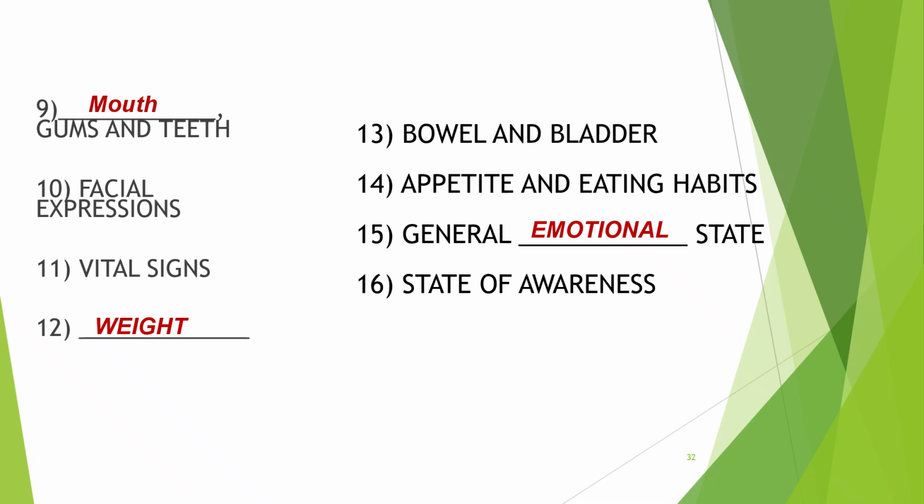What is the appearance of the urine or stool? 14, appetite and eating habits. Are they fussy eaters? Are they hearty eaters? Do they eat at all meals? 15, general emotional state. Are they happy, passive, uncooperative, depressed?